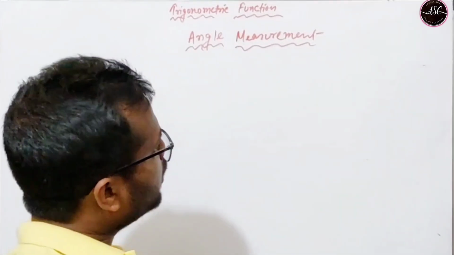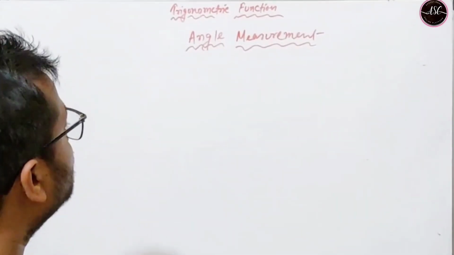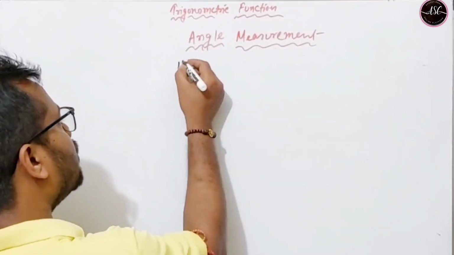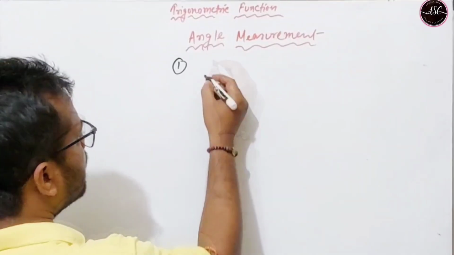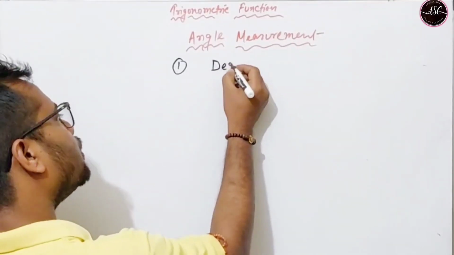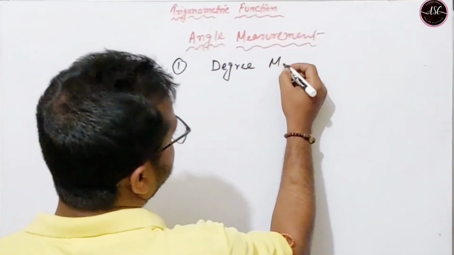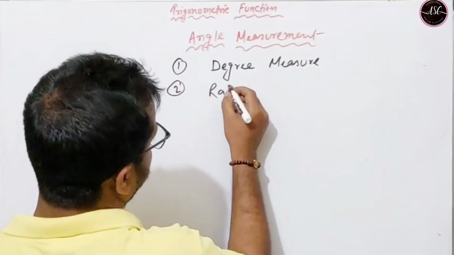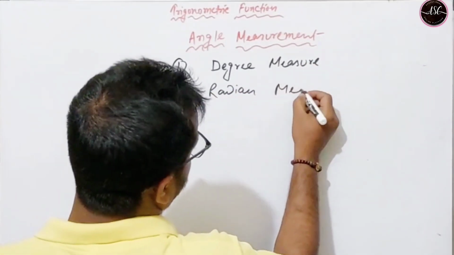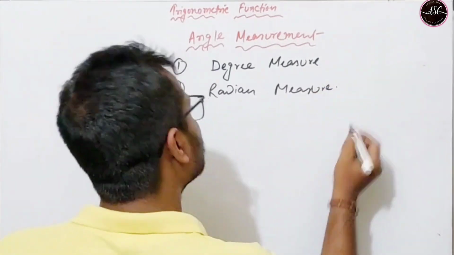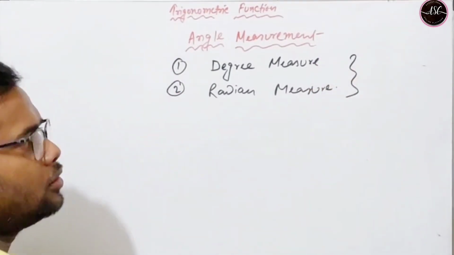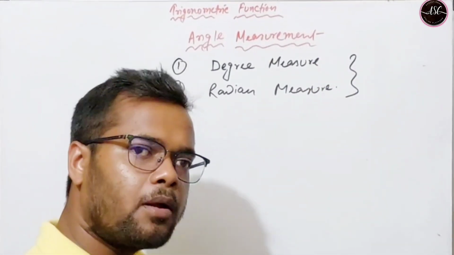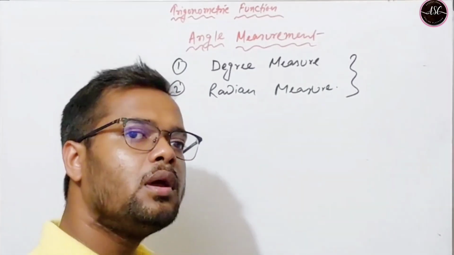Firstly, there is degree measure, and second is radian measure. By these two units we are going to measure angles.